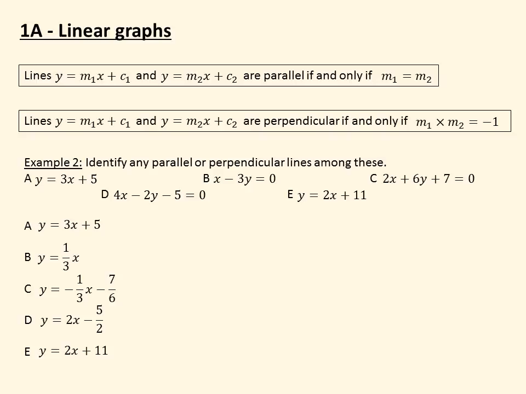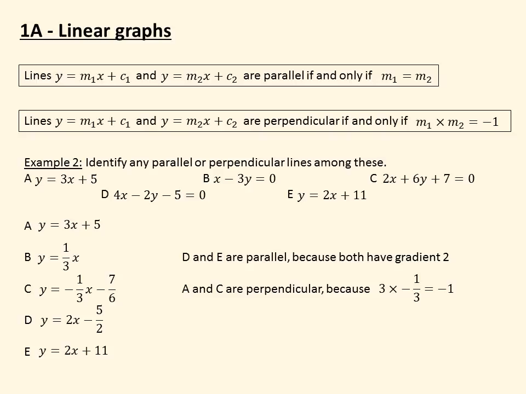Now they are written in this form, it is easy to see that lines Z and E both have gradient 2, so are parallel. And the gradients of A and C multiply to give -1, so A and C are perpendicular.